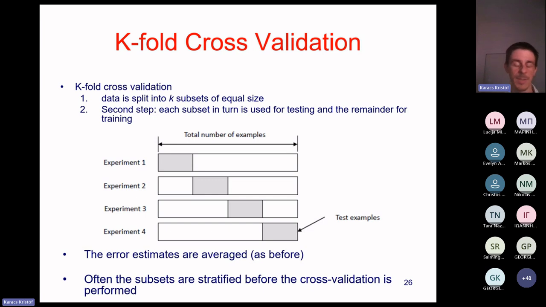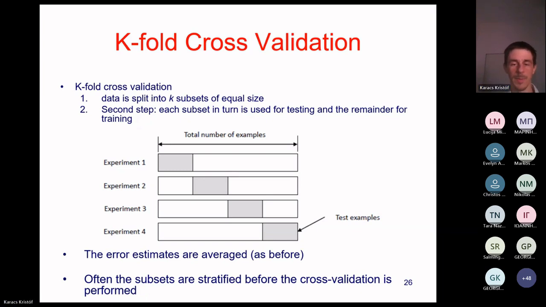So this is very similar to the repeated holdout method, but with this primary segmentation, we can make sure that there's no overlap between the test sets. And then the estimation of the error happens exactly the same way as previously.